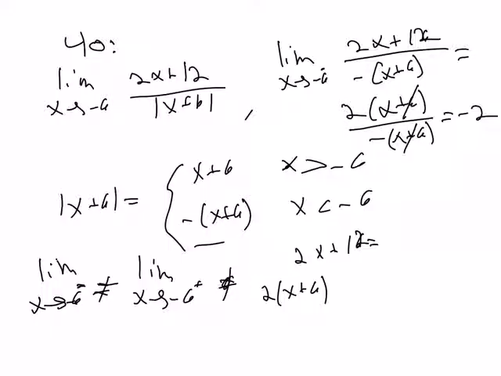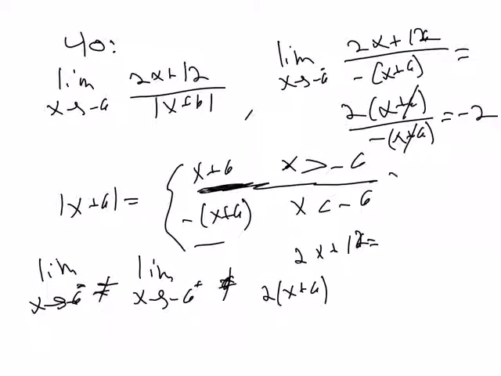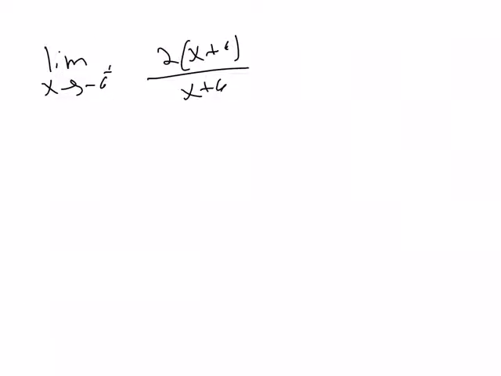Now as we approach from the right, remember we're going to be using this x plus 6. So we're looking for the limit as x goes to negative 6 from the right and let's just write in what we know at the top already is, so 2x plus 6 over just x plus 6, because we're coming from the right, so x is bigger than negative 6 for this, these two cancel and we're left with 2.